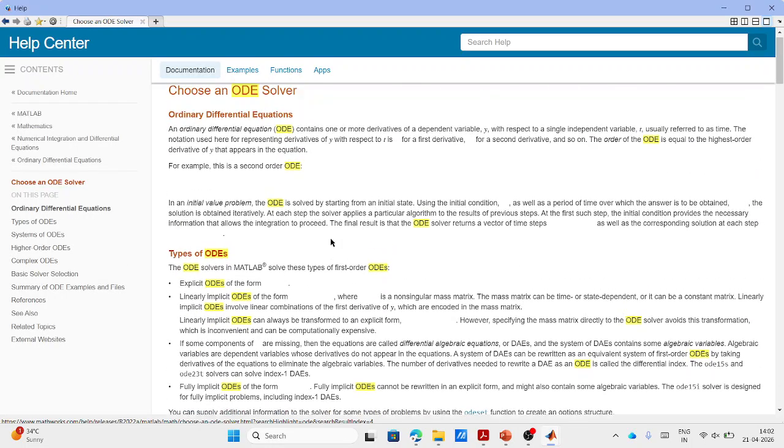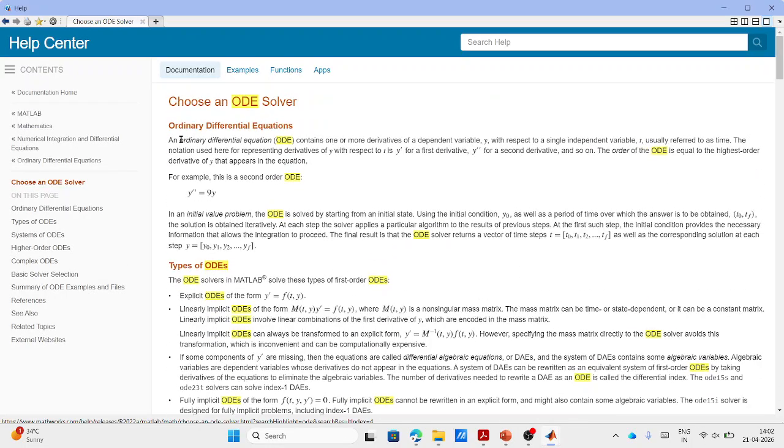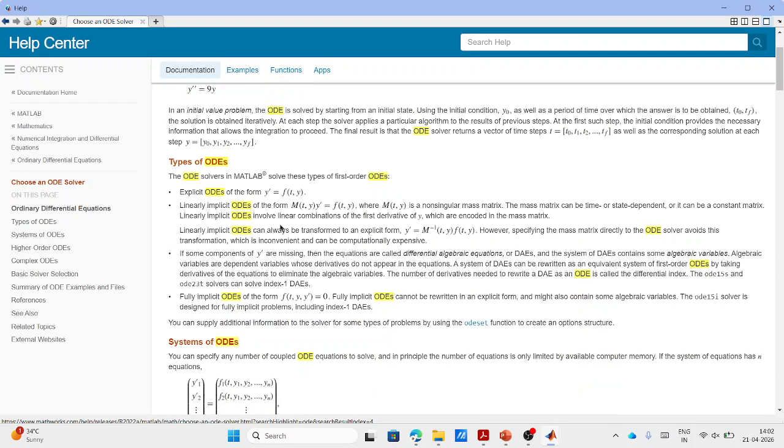Here it gives you the full description of what an ordinary differential equation is, what its order is, and what the types of different ODEs are. Explicit ODEs are where your derivative is a function of t and y. Implicit ODE is where your derivative is a function of both t and y as well as the differential part here.